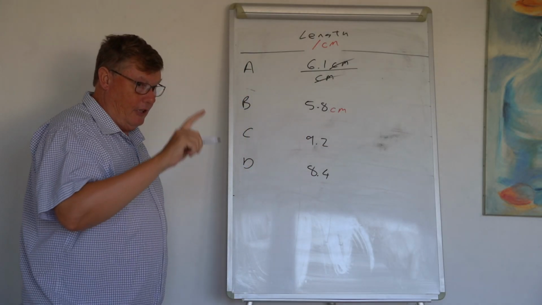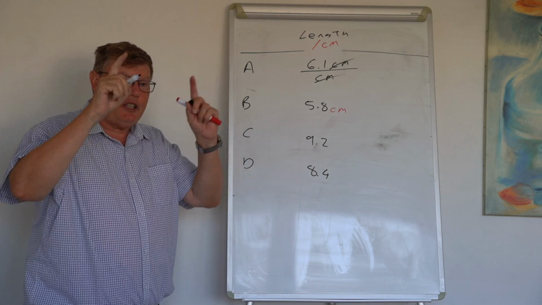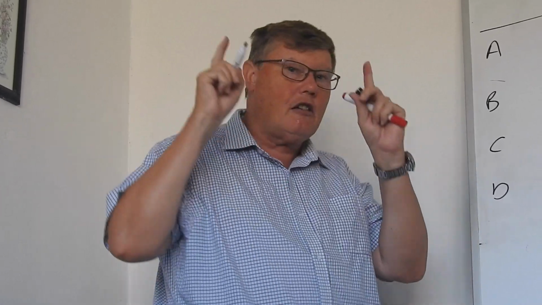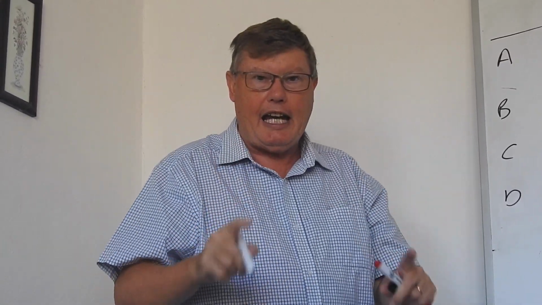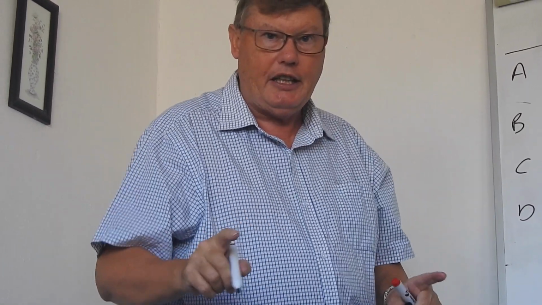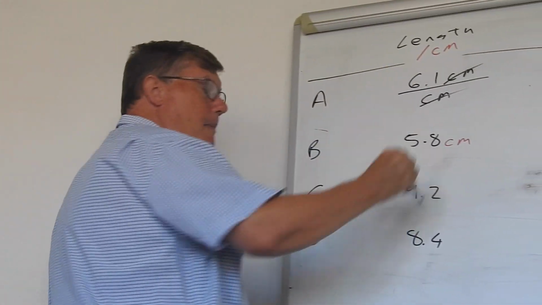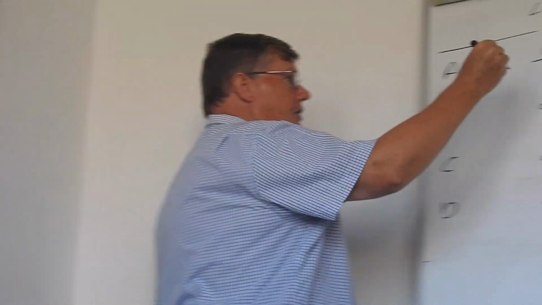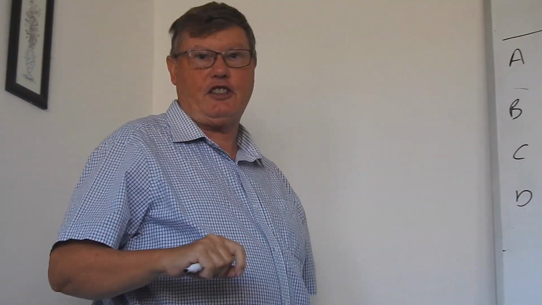And, ready for this, every single table of data, every single graph that you encounter over the next few years is full of dimensionless data. It would be incorrect to say that 6.1 represents centimetres. It's not 6.1 centimetres.